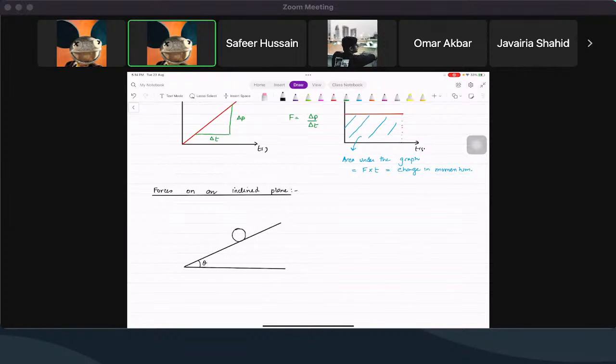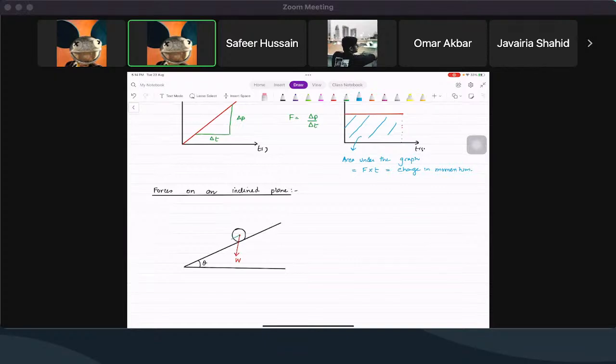So what you're gonna do basically is that first of all you're gonna see where the weight is acting. So the weight basically acts downwards. So let's call that weight. And now weight can be resolved into its two components.